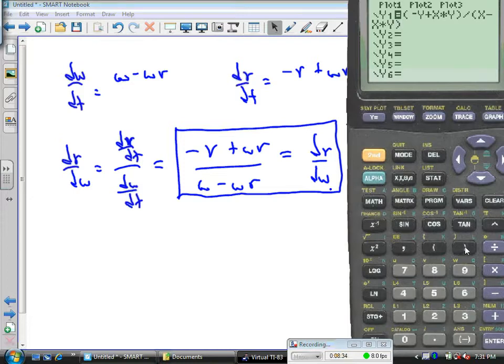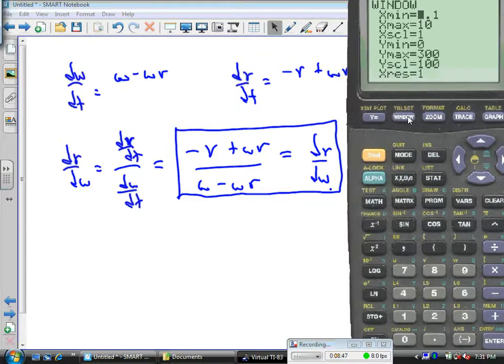Okay, great. Now look at the window they have. The w's, the x's, go from 0 to 4, and the r's, or the y's, go from 0 to 4. So set up the window the same way. I usually set up the window before you run slope fields anyway. So 0 to 4 by 1 is good, I guess.